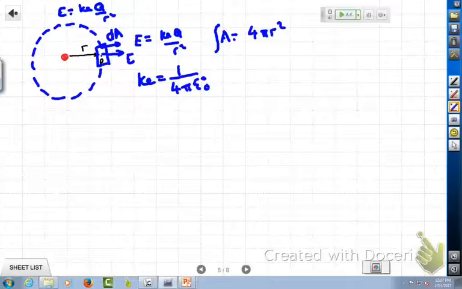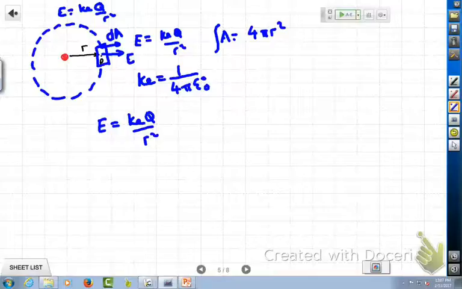So I'm going to combine these together. E is equal to KEQ over R squared. And if I multiply both sides by A, I'm going to multiply this by 4 pi R squared.